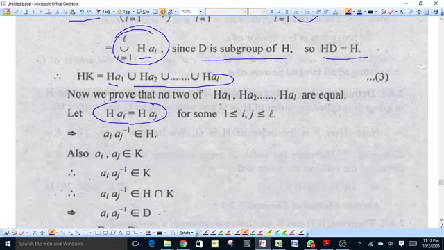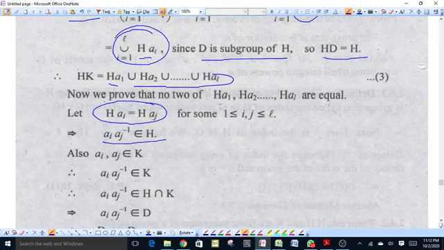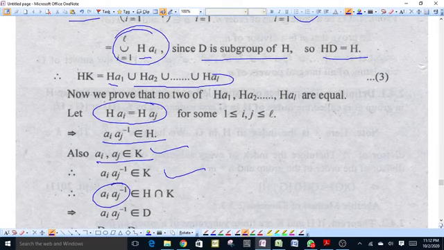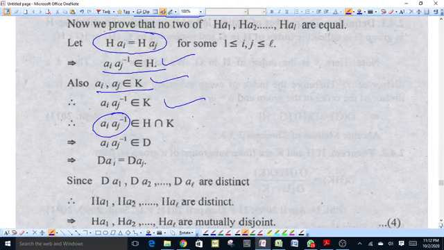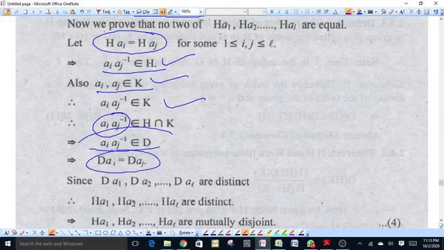That implies ai aj inverse belongs to H. Also ai and aj belong to K, and also ai aj inverse belongs to K. This means this element is common in both H and K. This means ai aj inverse belongs to H intersection K, and that implies ai aj inverse belongs to D. Therefore, Dai is equal to Daj.